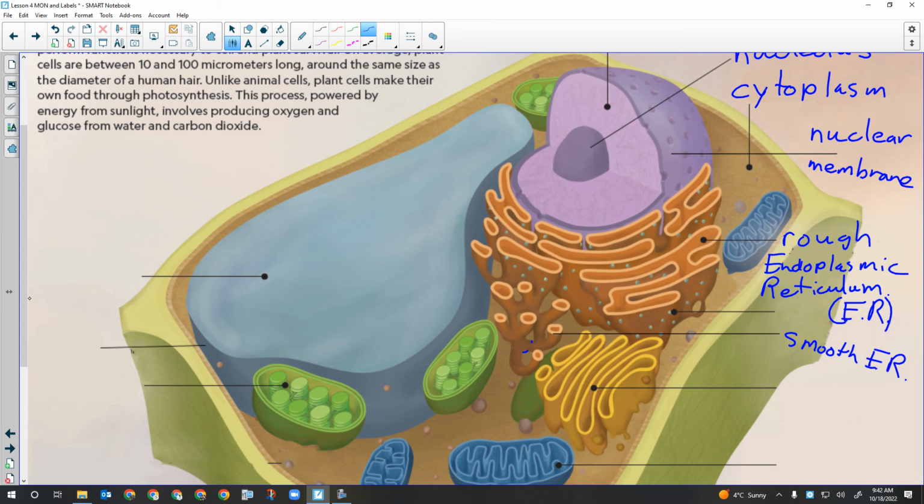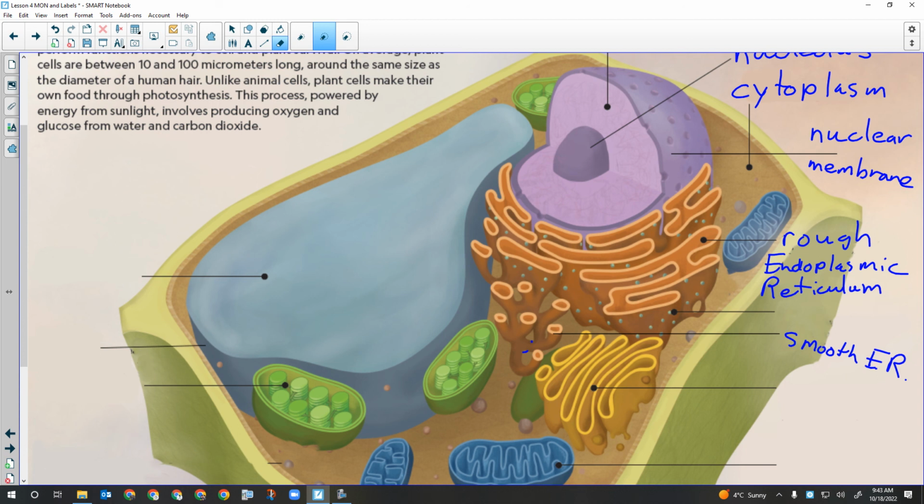All right, now I know I skipped this one, and it's because I have to erase a little bit here. All right, the little bumps on the rough endoplasmic reticulum, that's not the only place they are.